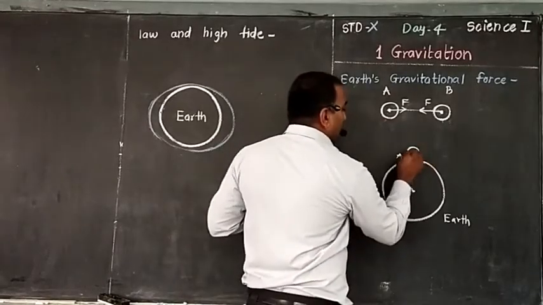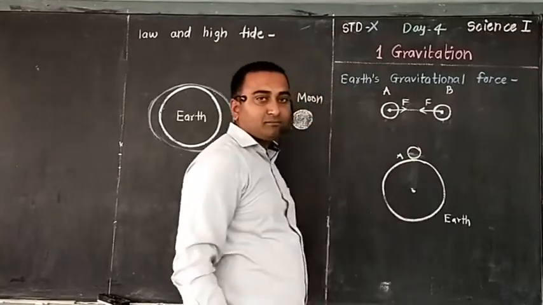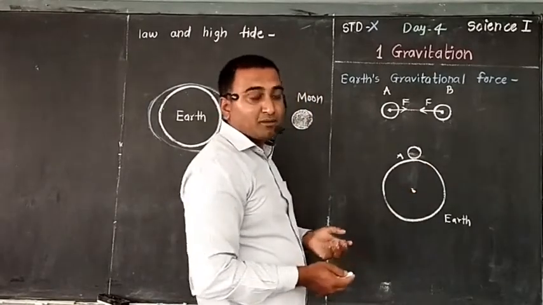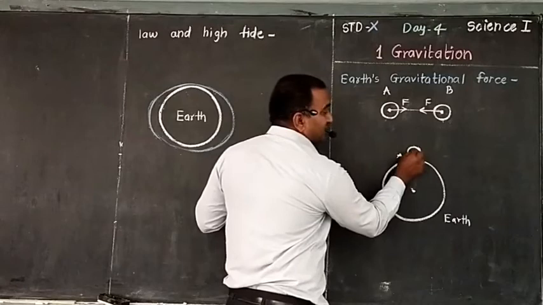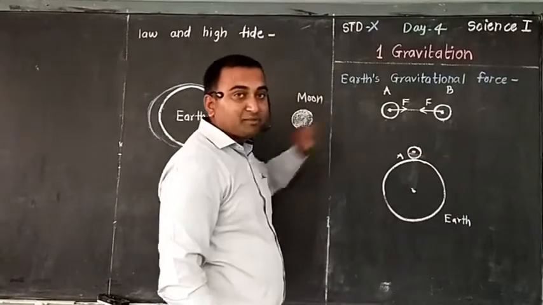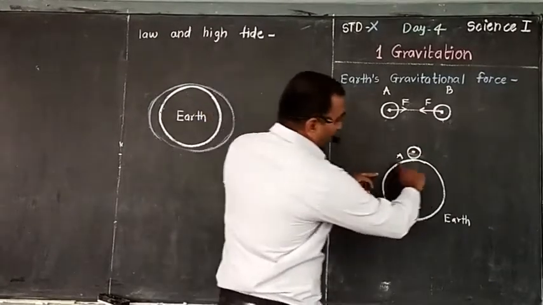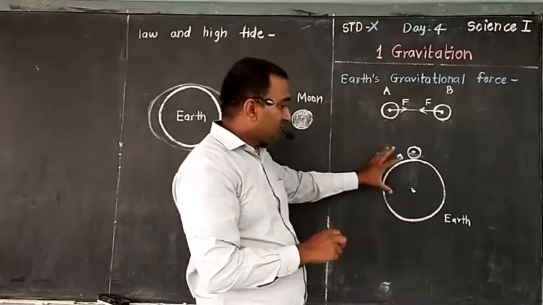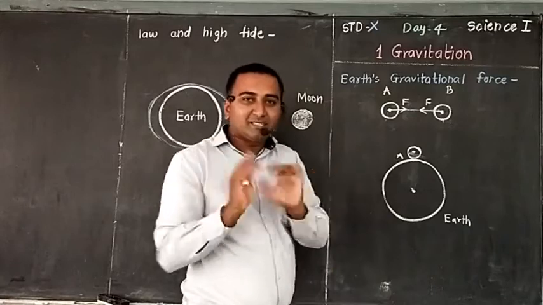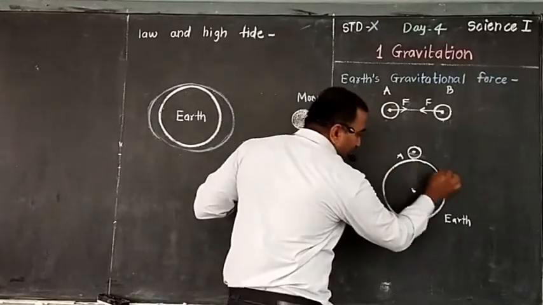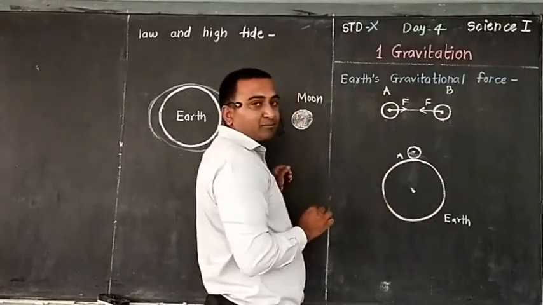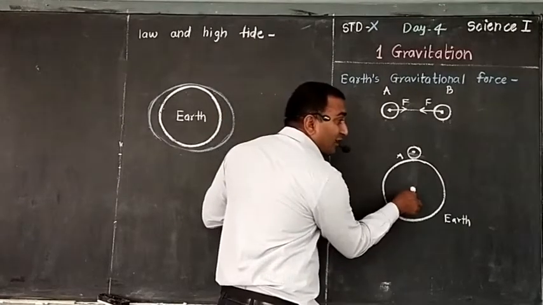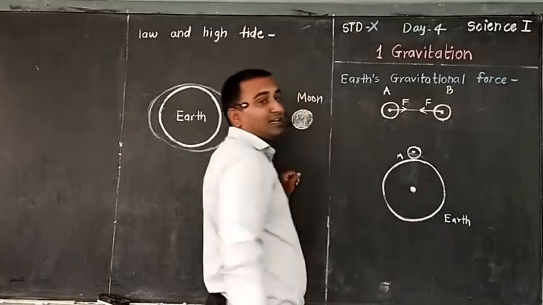So apply this information here. Suppose there is one object on the earth. It may or may not be spherical, but this point is considered as the center of mass of object A. We are not focusing on the shape of the earth, but consider it spherical. Then the center of mass is situated at the center of the sphere, that means the center of the earth.